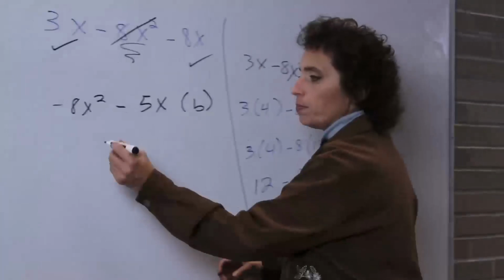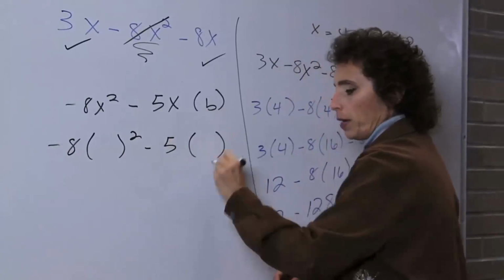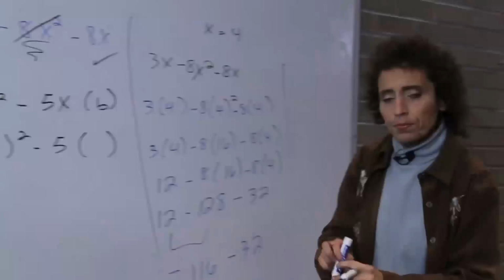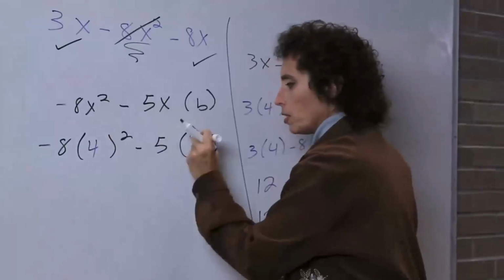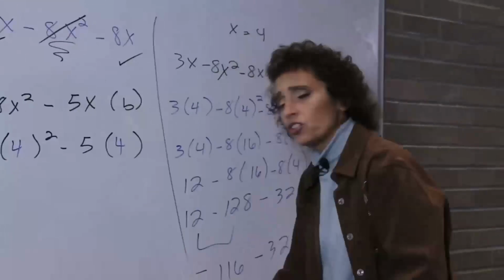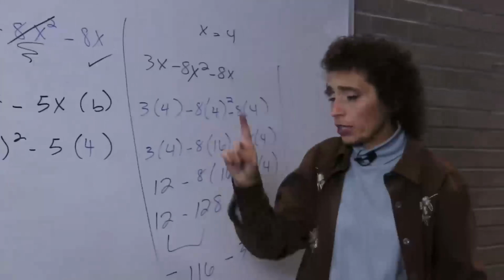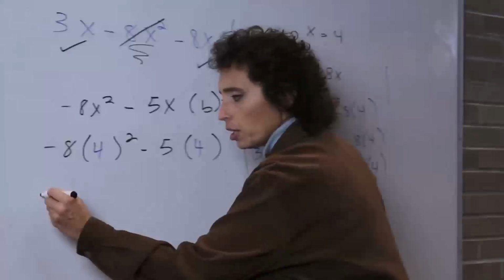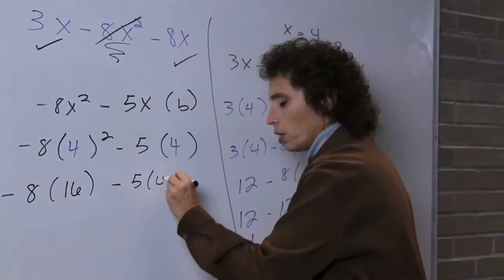So I'm going to go here. That's my answer. I'm going to plug in 4, because if it works here, it's got to work there, if that's my answer. Order of operations says I have to do parentheses first, but I have no parentheses, but I do have exponents. So I'm going to do that first. Negative 8 times 16 minus 5 times 4.